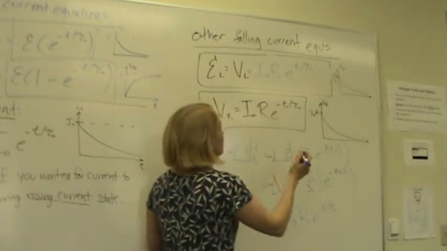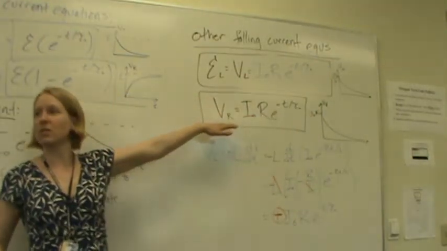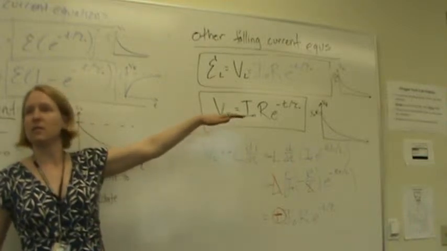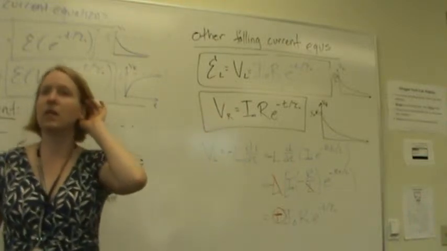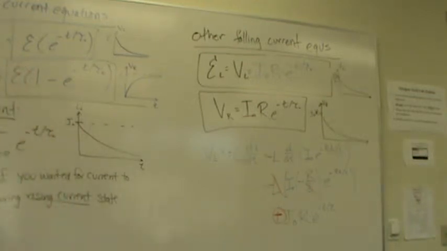So I naught R e to the minus t over tau sub L. Okay, this makes sense, right? You'll notice it's the same as your resistor voltage. Why does that make sense? Ohm's law. Basically, if you look at the circuit, if you've got a voltage drop across your resistor, then you'd have to have an equal voltage rise across something else so that the net voltage is 0.